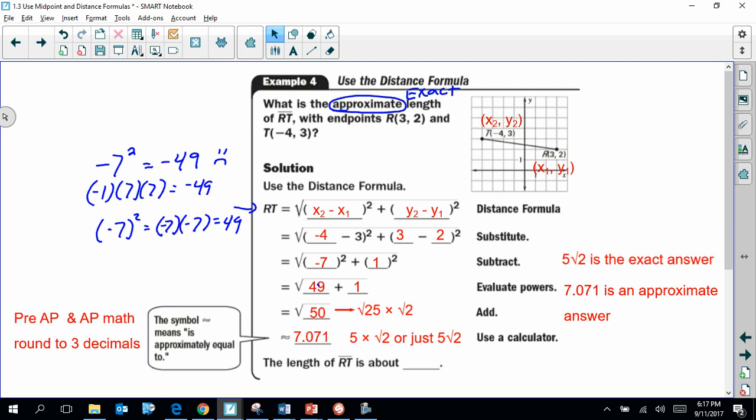Please keep in mind that in pre-AP and AP math, we do round to 3 decimal places automatically unless we have specific instructions not to. So here the length of segment RT would be 5 radical 2 as an exact number, or 7.071 as an approximate answer.